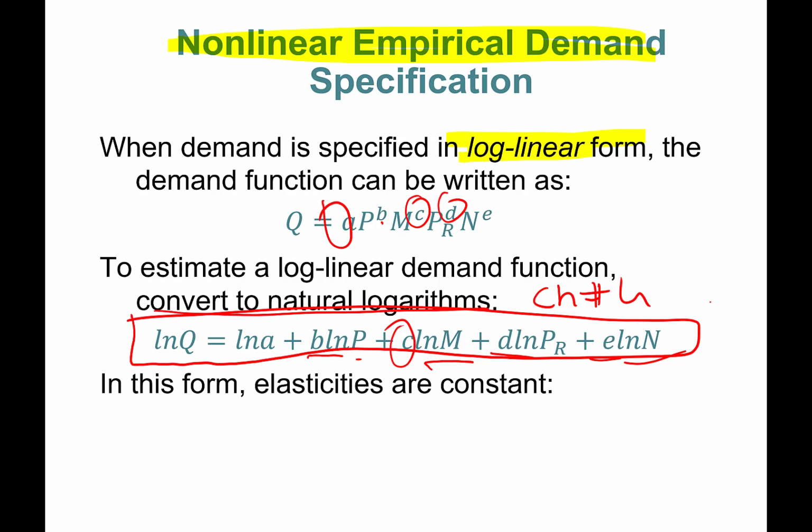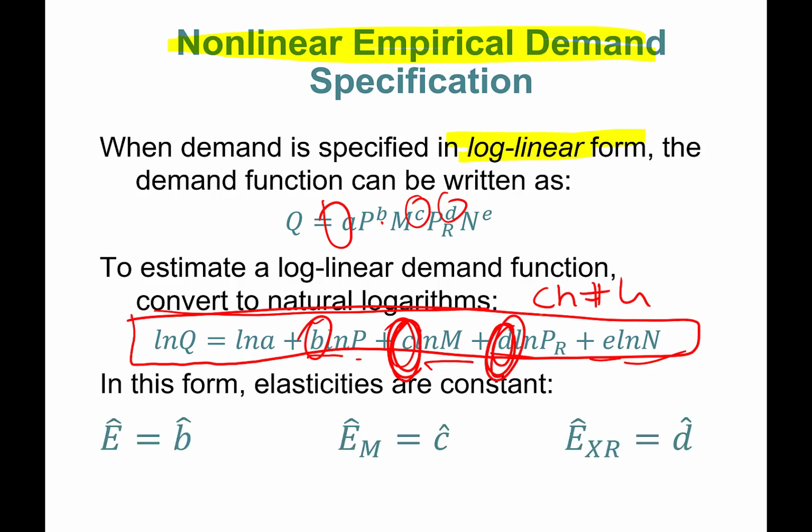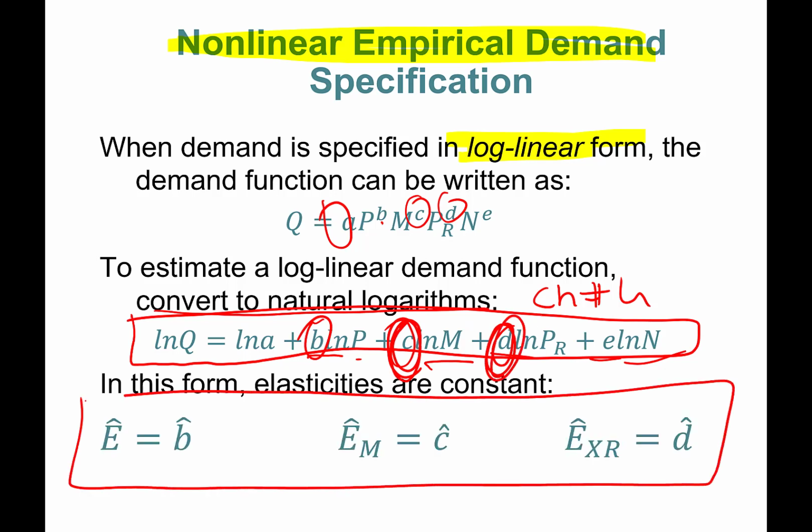For instance, price elasticity of demand will be B, income elasticity of demand will be C, cross price elasticity of demand will be D by itself. So keep these in mind. Okay, I will see you in part 3.